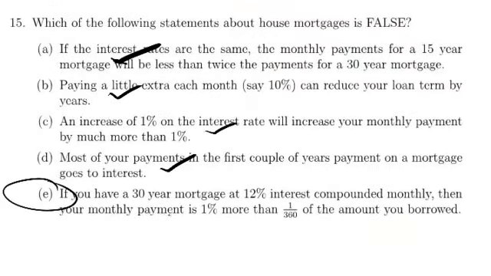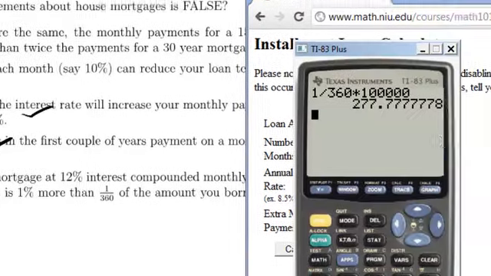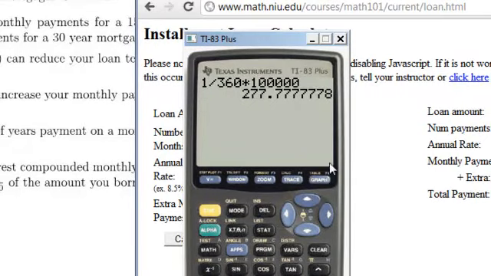What this is claiming is that my monthly payment is 1% more than the value I just got on the calculator. 1% of this is going to be about $279 or $280.